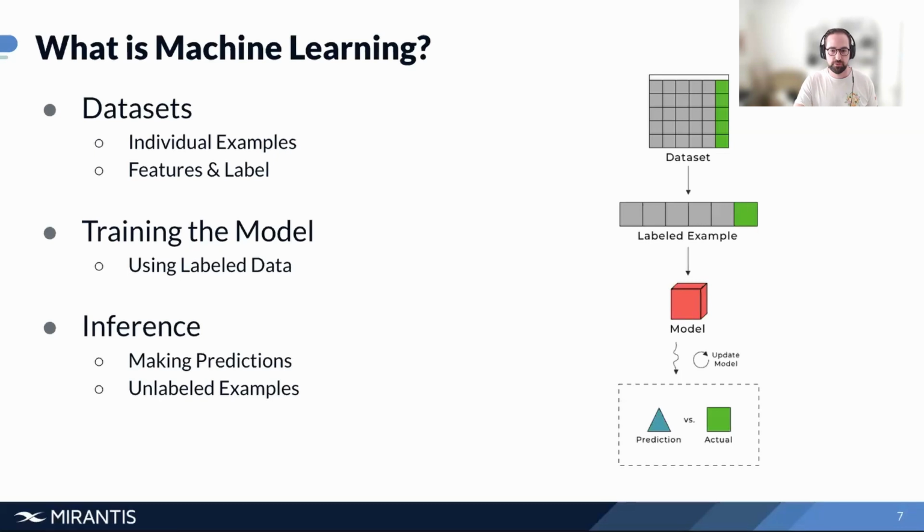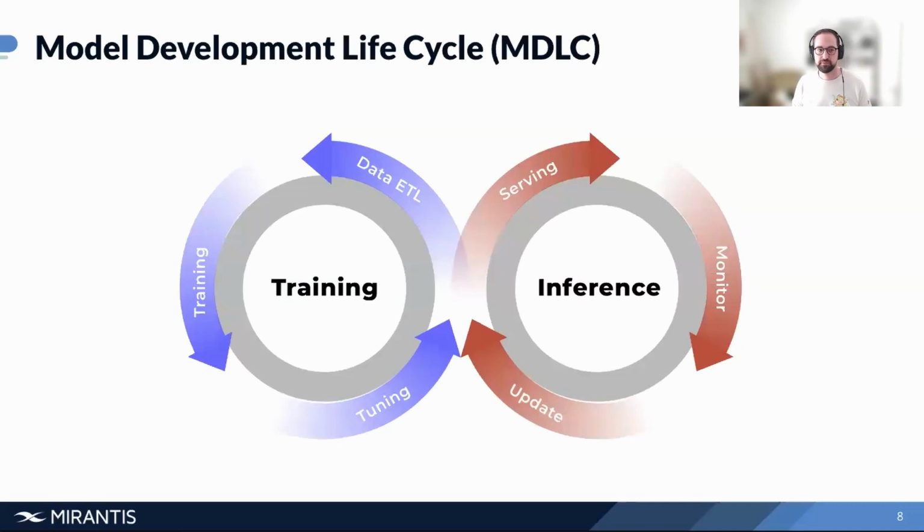When we go into the connection between those terms, there's something that can describe it very well, which is the model development lifecycle, where you have training on the left side and inference on the right side. So it's about training the model.